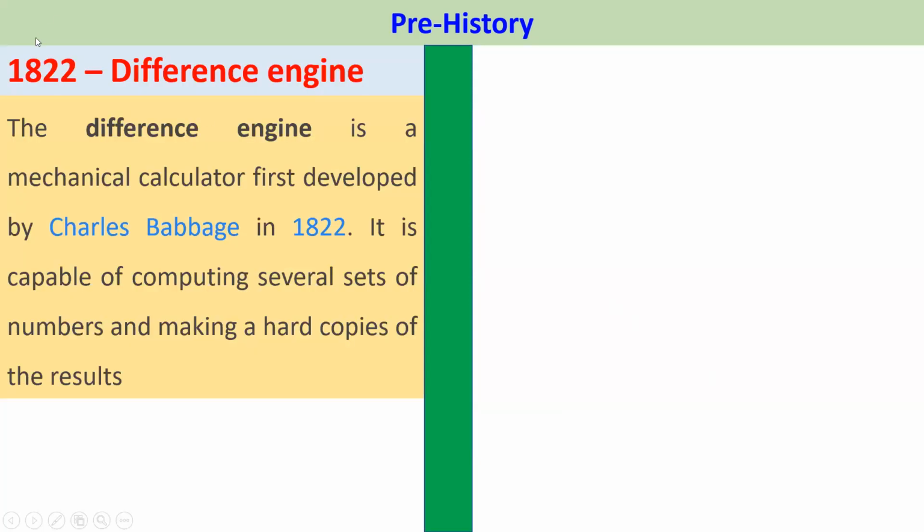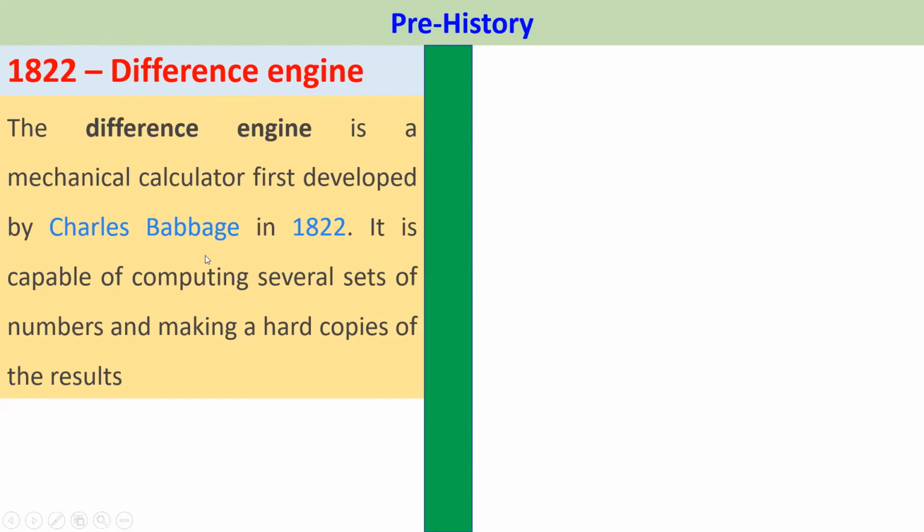Then the next major milestone you can find is in 1822, called the difference engine. All of you have heard about this difference engine, developed by Charles Babbage in 1822.